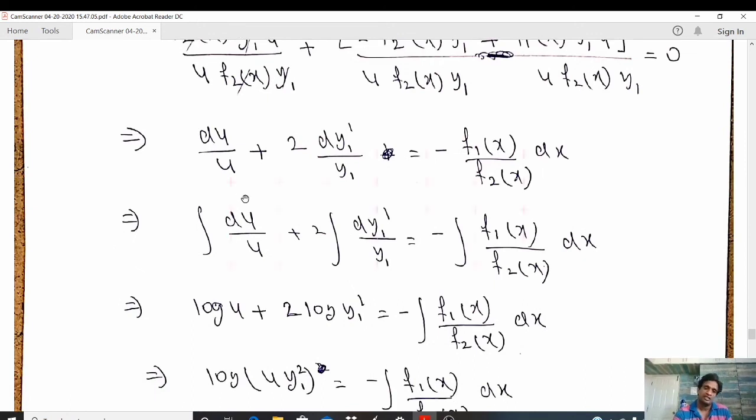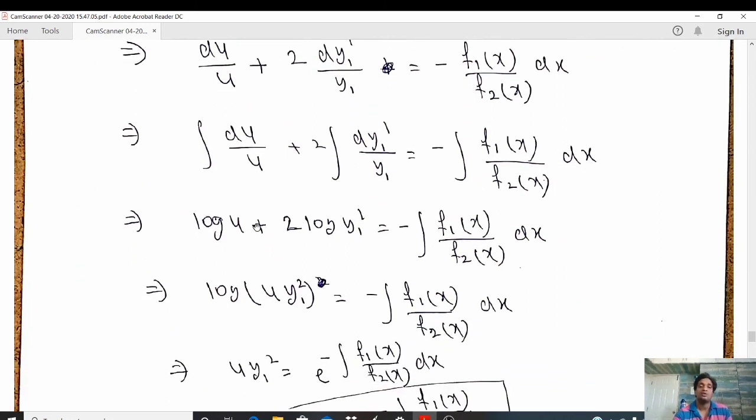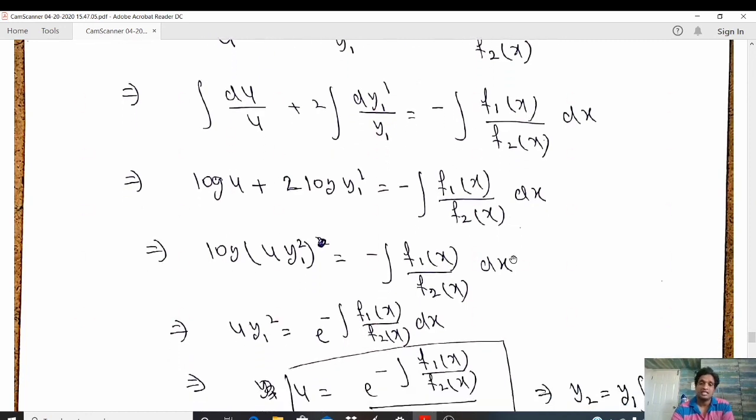So if I integrate this, integration du by u plus 2 dy1 dash by y1 is equal to minus integration f1 by f2 dx. See here, du by u means log u, plus 2 dy1 dash by y1 means log y1 dash, minus the integration of this value, which we don't know, so I directly write it as it is.